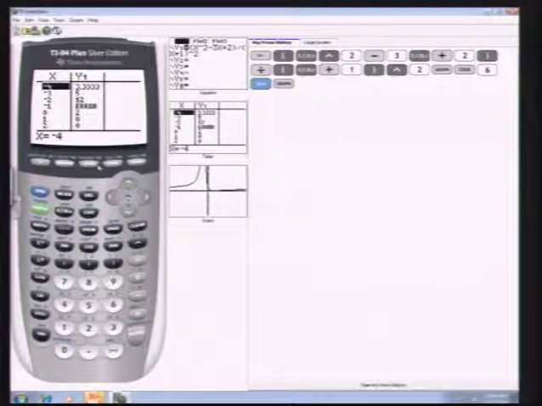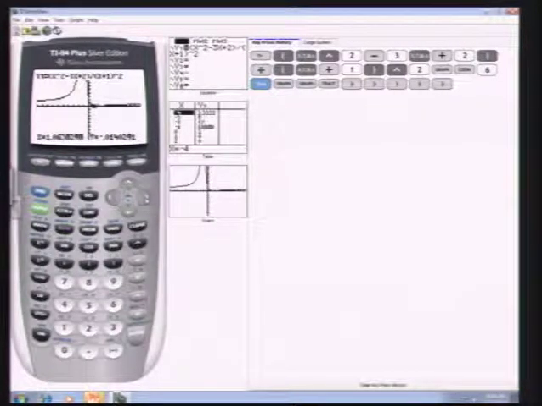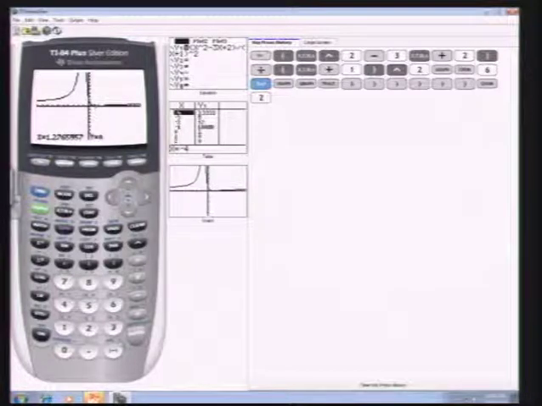And then I'm going to go back to the graph screen, and I'm going to put on my trace, and I'm going to move over until I get between 1 and 2 for x, and then I'm going to go to zoom in at that point. So zoom in is selection 2, and I'm going to hit enter, and we'll see what's happening. Well, we can see a little bit of what's happening.